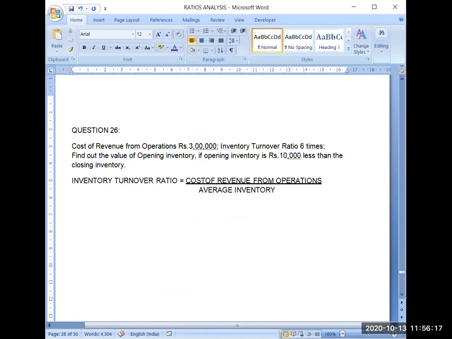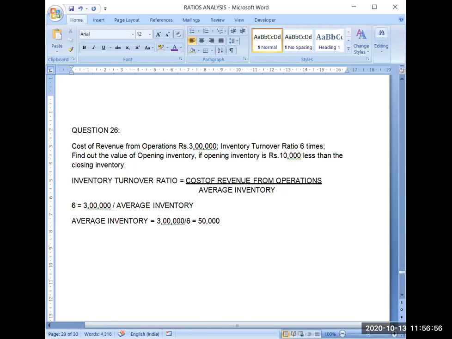Now inventory turnover ratio is given, 6 times, is equal to cost of revenue from operation, also given, 3 lakh, upon average inventory. So now from this we can calculate the value of average inventory. Average inventory is equal to 3 lakh divided by 6. It will come 50,000.